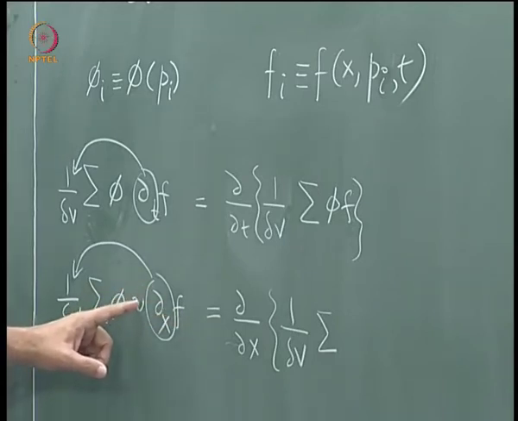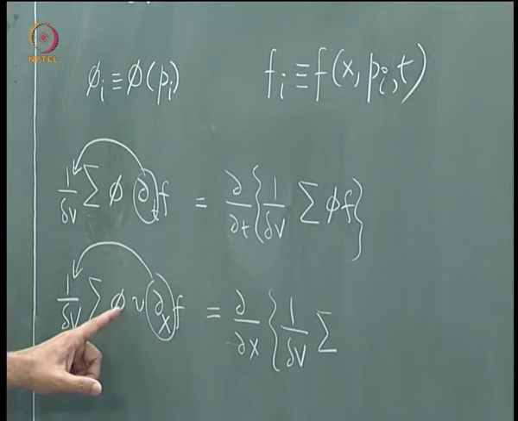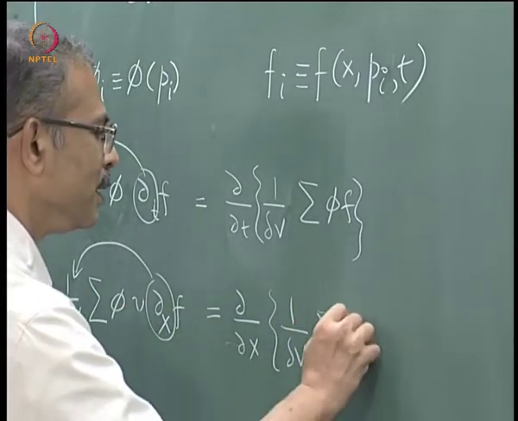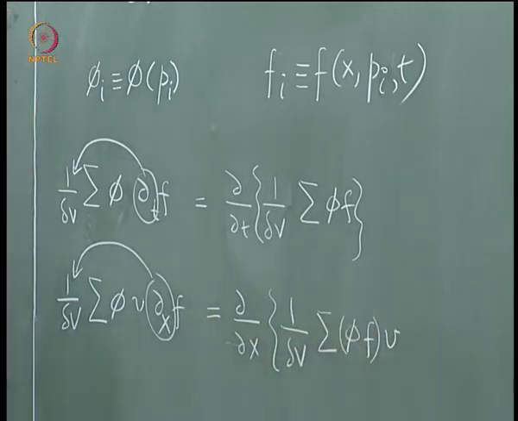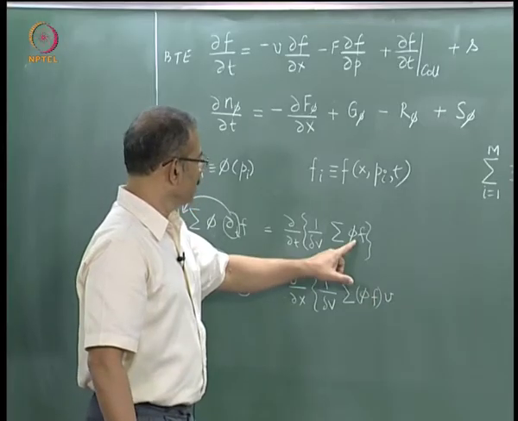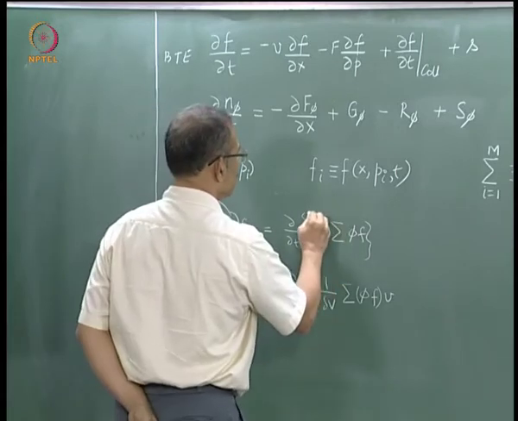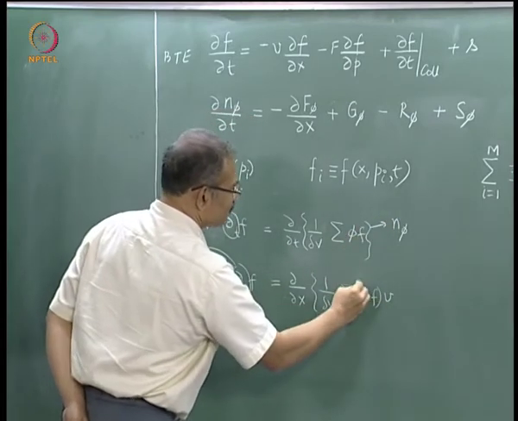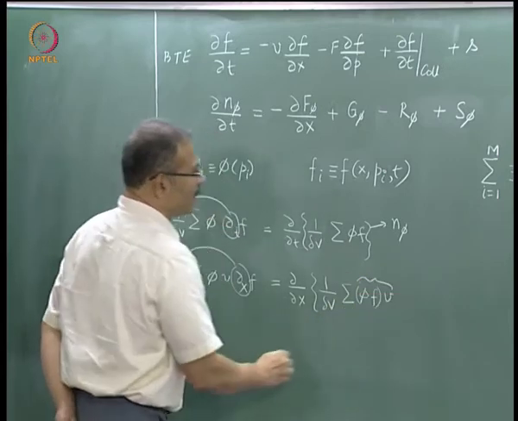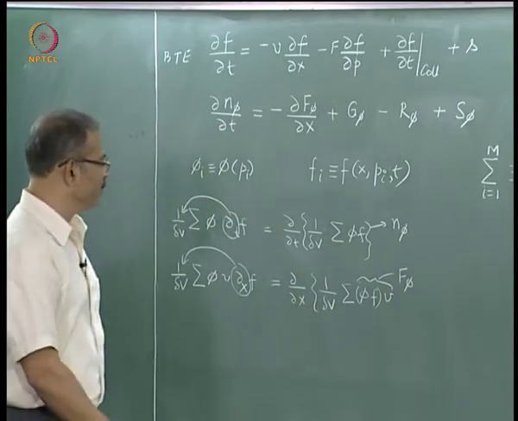What we will do is shift this v to the end, recognizing that phi into v into f is phi into f into v, and therefore this is the flux of this quantity phi f. V is the velocity. Now in this expression you had phi into f, so this term was n phi. You can see that this term can now be called the flux of n phi, that is why the symbol F phi.